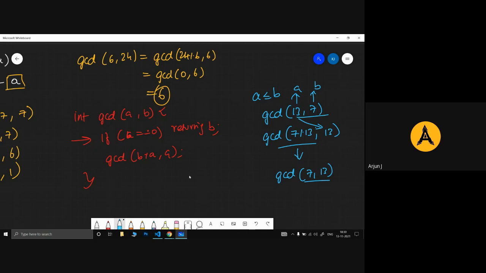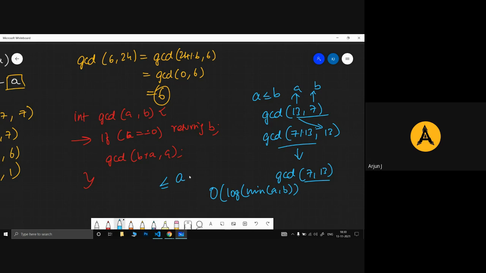So what is the time complexity of this? You would be able to see that at most this solution will take fewer steps than the shorter number. For example, if a is the minimum of a comma b, the number of steps taken to calculate the GCD of a comma b would obviously be less than or equal to a. Time complexity of this is O of log of minimum of a comma b.